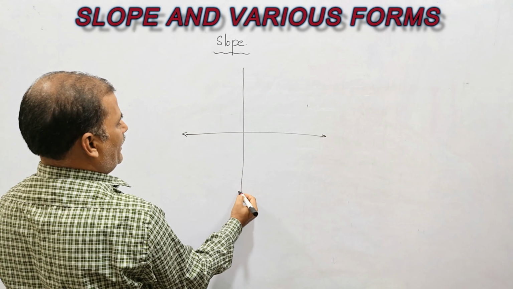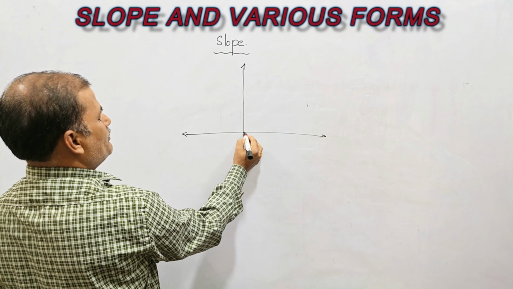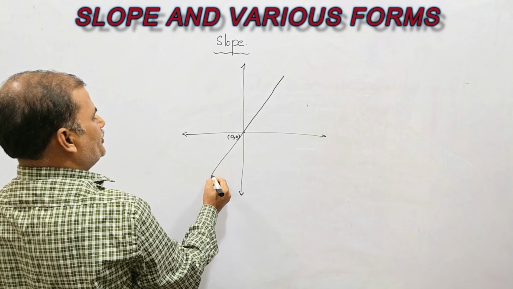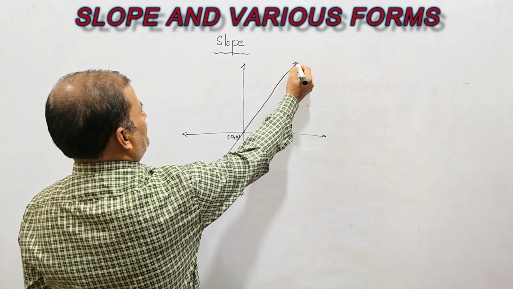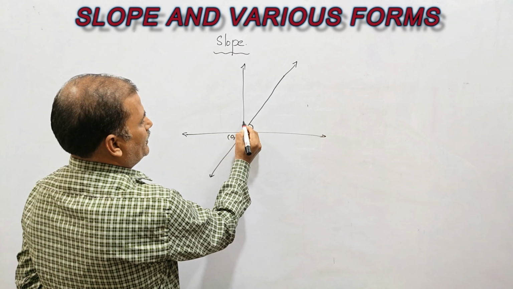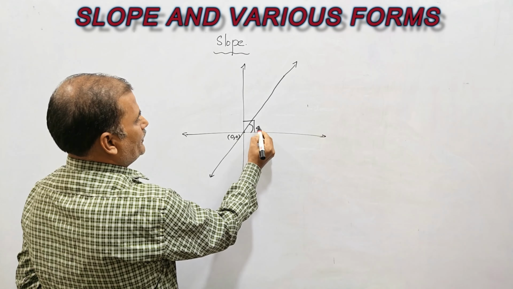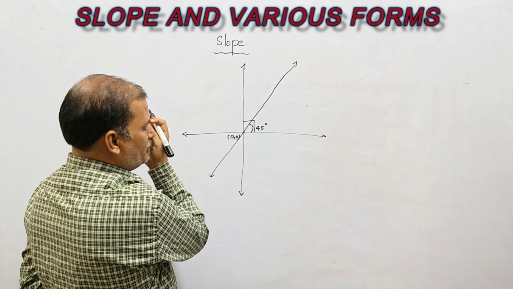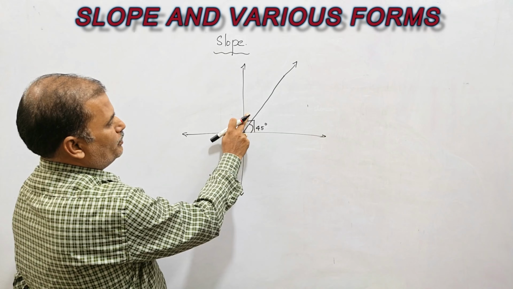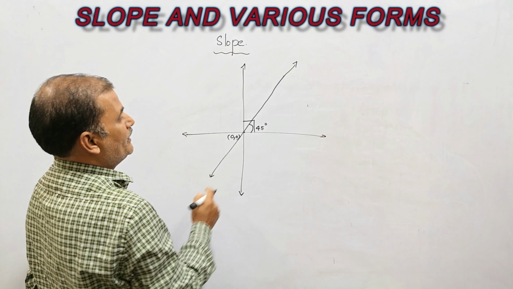Two mutually perpendicular lines are intersecting at the point 0, 0. Now a line passing through the origin makes an angle theta. Here the total angle is 90 degrees and this angle we have to assume is 45 degrees, because this line divides the right angle into two parts, 45 degrees and 45 degrees.